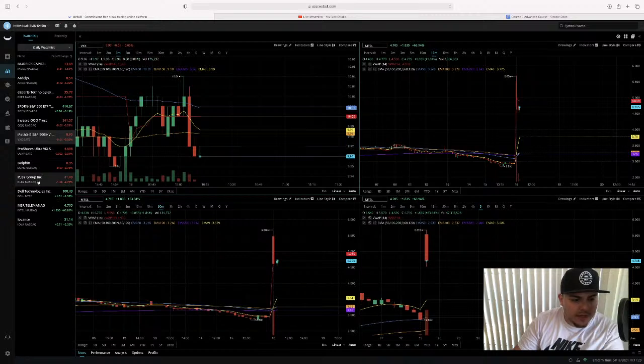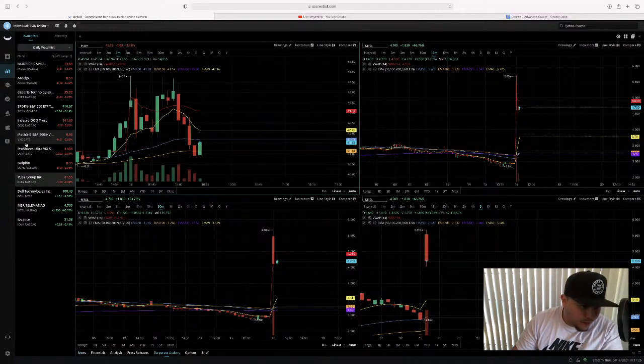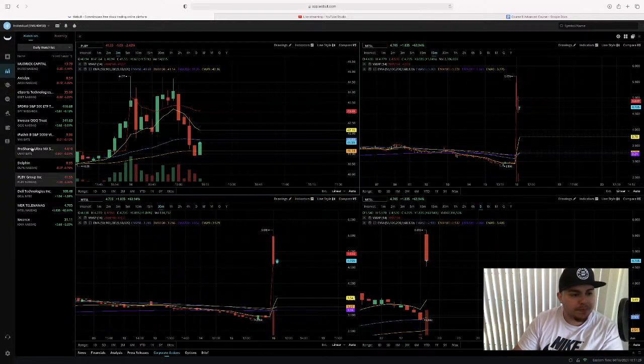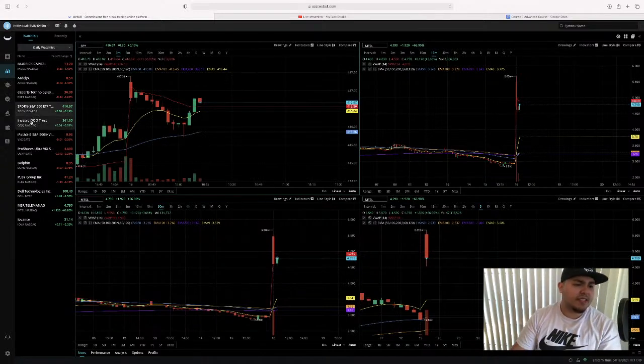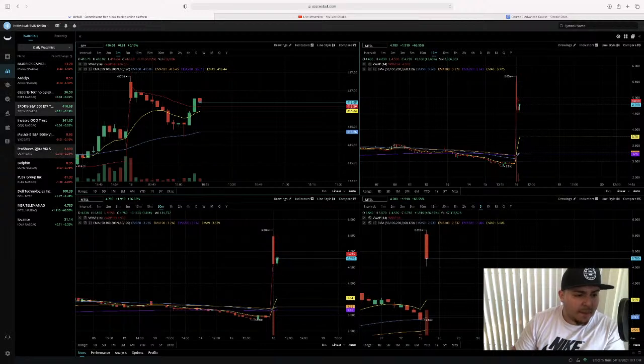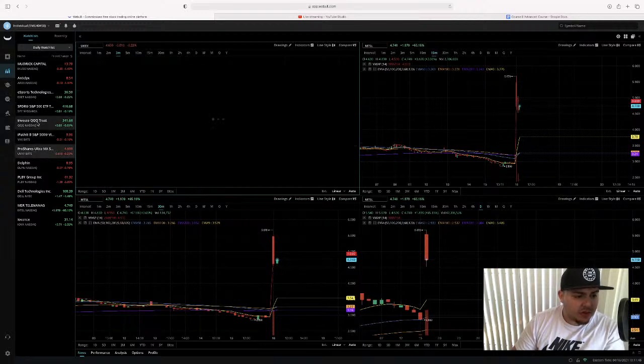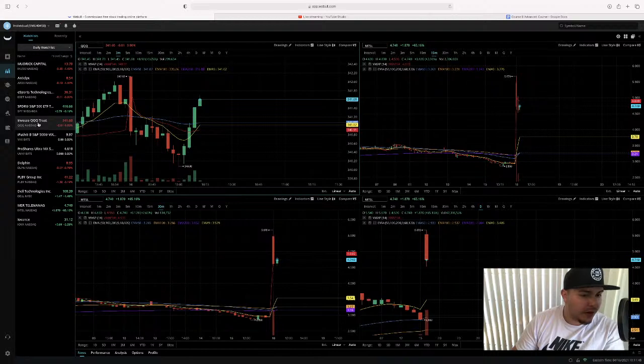QQQ, VIX. Look guys, if you are a new trader or wanting to learn how to trade, understand what VIX, VXX, UVXY, QQQ, and SPY are. Those are going to be the main ones. You can use these ETFs and these vehicles as indicators for the market.